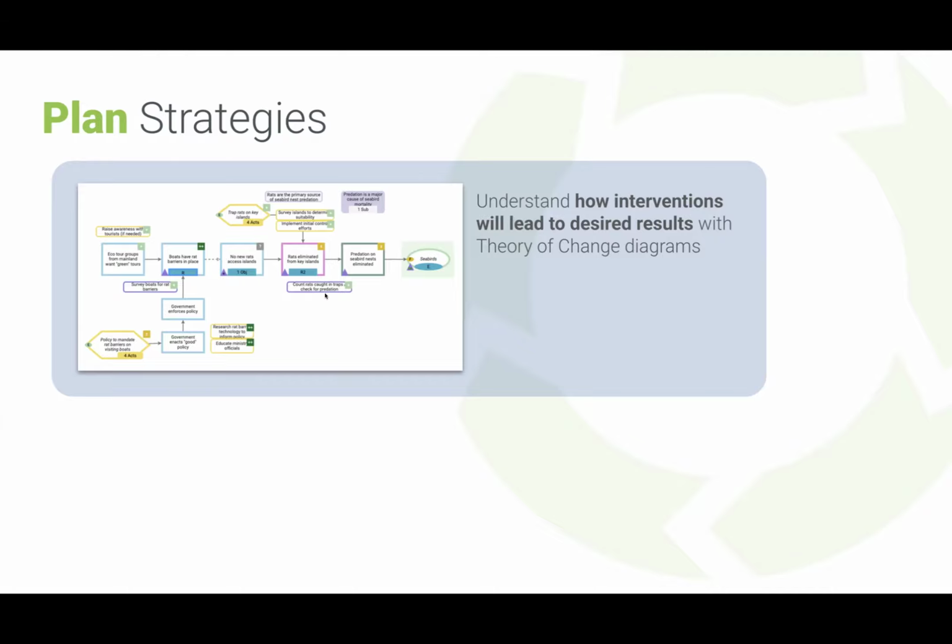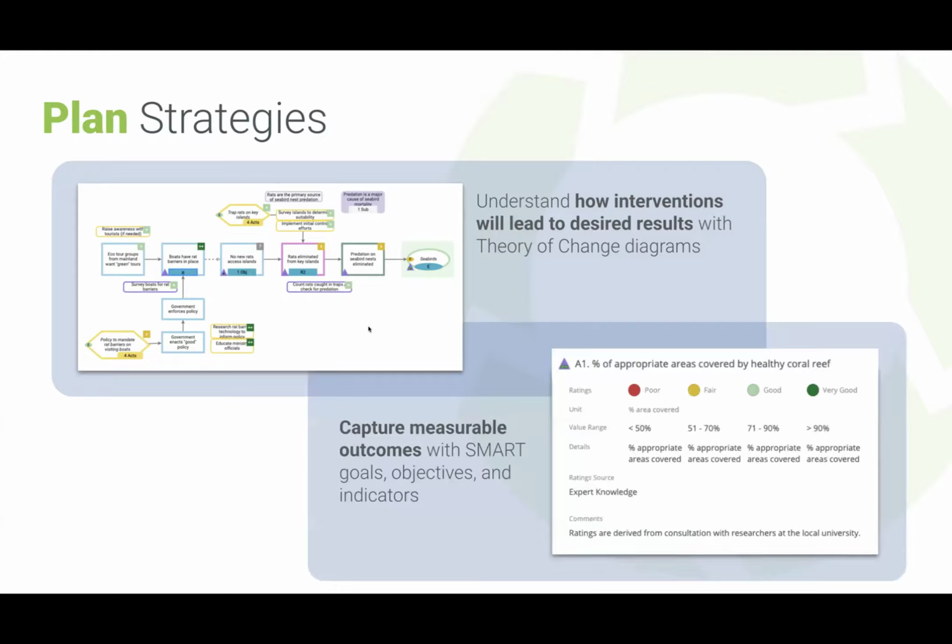So there's a set of tools that allow you to build these diagrams. And then we have a bunch of related data within Miradi that allows you to define the indicators we're going to use to track progress, report on how you're doing, and develop the information needed to really adaptively manage your theories of change based on whether or not you're achieving the results you want to see and doing the actions that you said you needed to do.